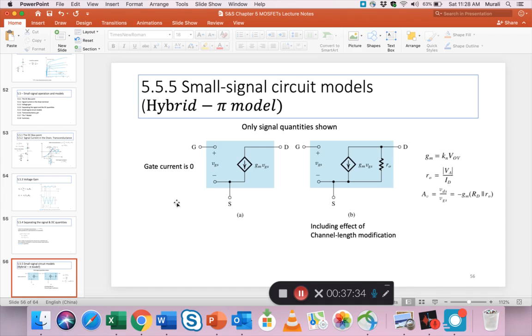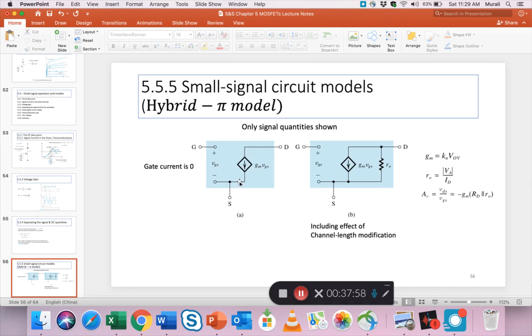But in MOSFETs, NMOS and PMOS, there's always a gate voltage, VGS or VSG if it is a PMOS circuit, but no current flows into that circuit. Because no current flows, it's almost like an open circuit, and so we leave this open.